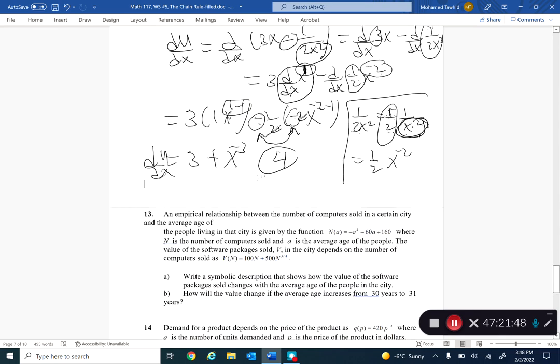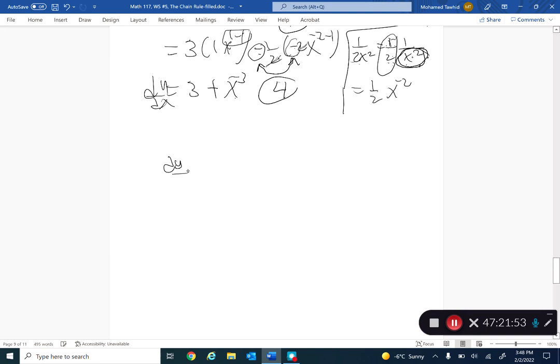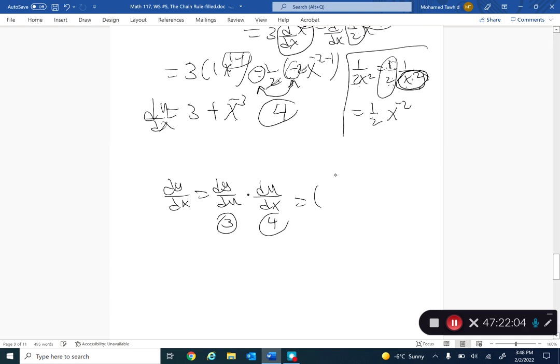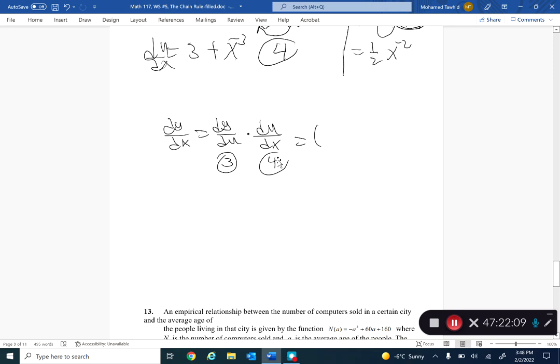So now if I go back here, I just replace dy by dx with dy by du and du by dx. That is equation 3 multiplied by equation 4. Equation 3 is 4u cubed, and equation 4, du by dx, is 3 plus x to the power negative 3.